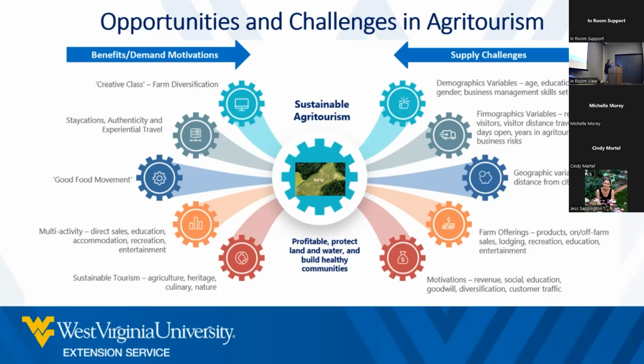And then on the supply side, which is what I will focus on, what are the limitations? We have a lot of these farms. You have large farms with the financial resources to weather any storm. And then you have these smaller farms that are challenged by financial resources, time, space. They're in rural populations. They are challenged by that business management skill set, right?